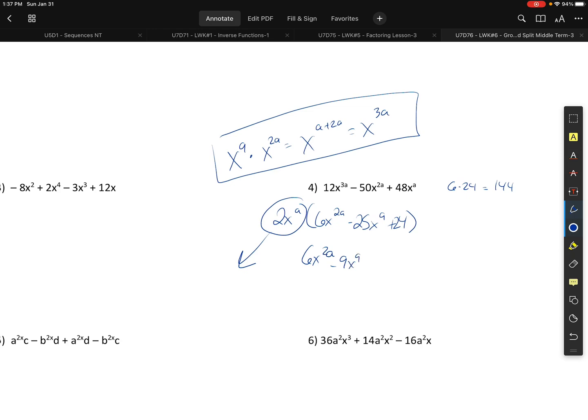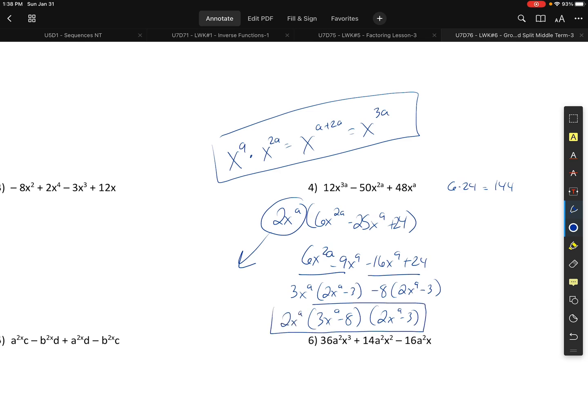Negative 9x to the a, negative 16x to the a plus 24. Group. Take out 3x to the a. 2x to the a minus 3. Take out an 8. I'm left with 2x to the a minus 3. 3x to the a minus 8, 2x to the a minus 3. And my GCF comes back in front.